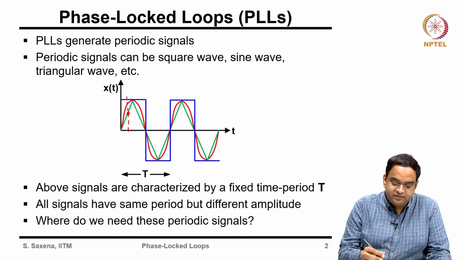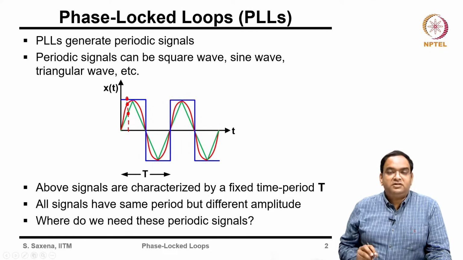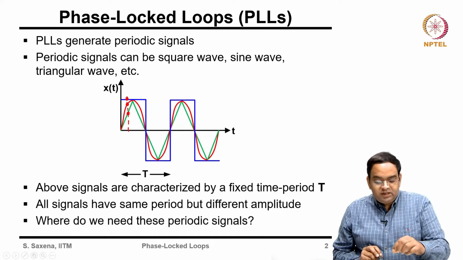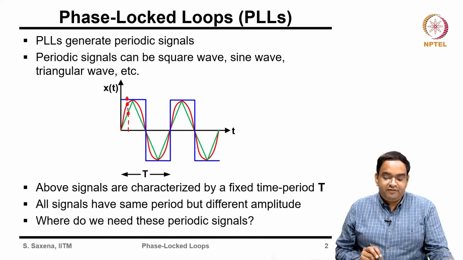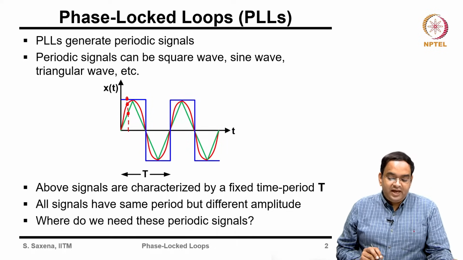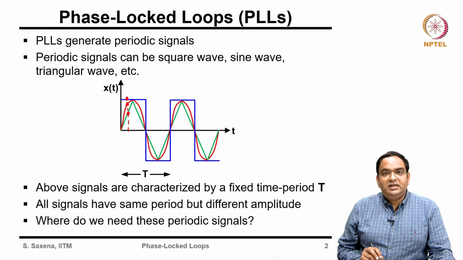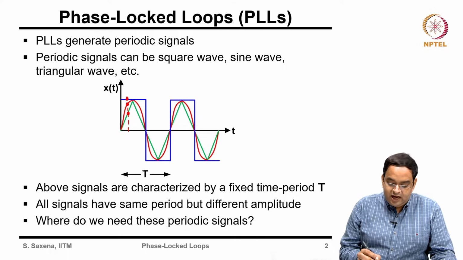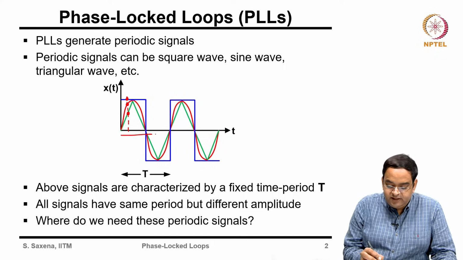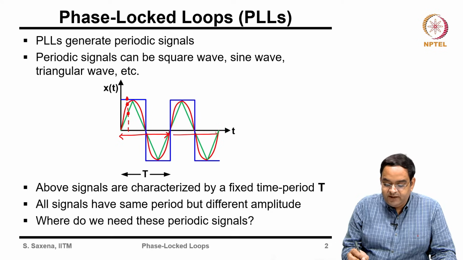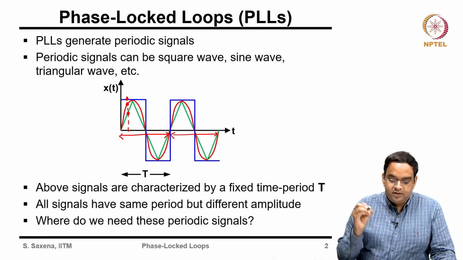Triangular wave has this amplitude, sine wave has this, and the square wave has this. So, all these signals have different amplitude at a given instant of time, but all these signals are periodic in nature and they are periodic in time period T. They repeat every time period T.